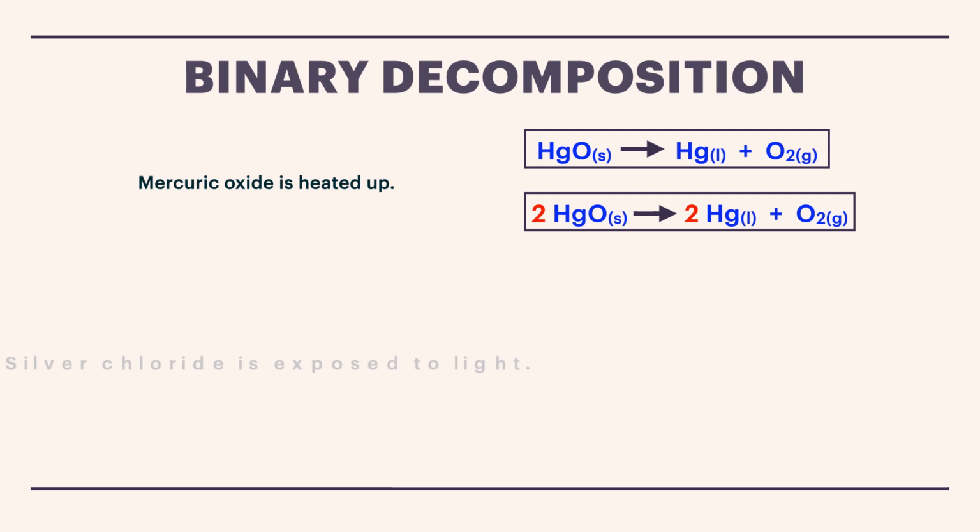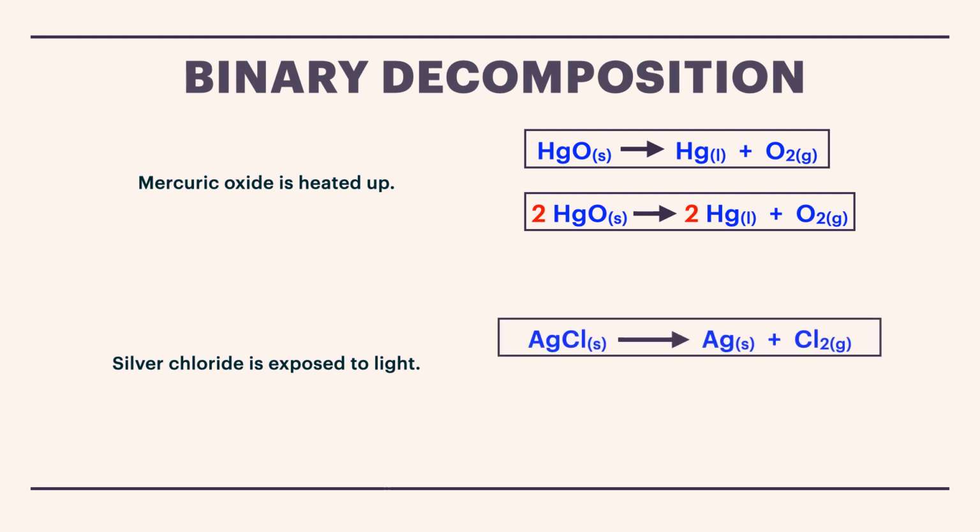Let's look at another example, this time using light to decompose silver chloride. Again, I rely on things I already know. I look up silver, it's a transition metal, it's always 1+. Chlorine is a halogen, its oxidation state is 1-, so AgCl, and I'm going to get the two components. I'm going to get silver and chlorine, and again, I have to rely on things I'm supposed to remember, and that is chlorine is diatomic.